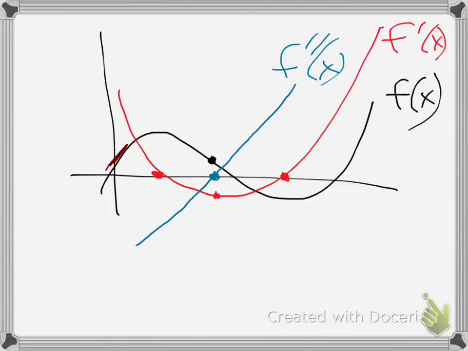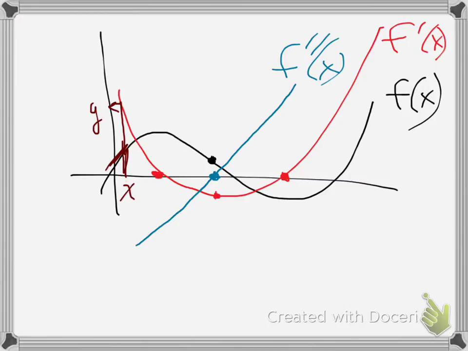Because the red function's above, I'm going to go up, hit the red function, and then go over, and that y value is going to be the value of the slope of the original function where x is that value right here.